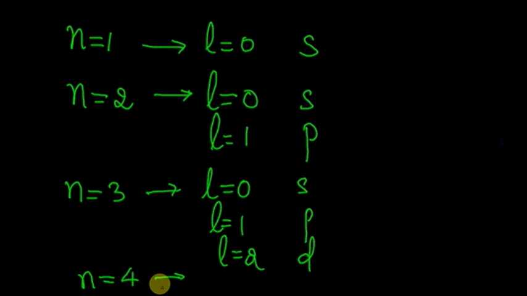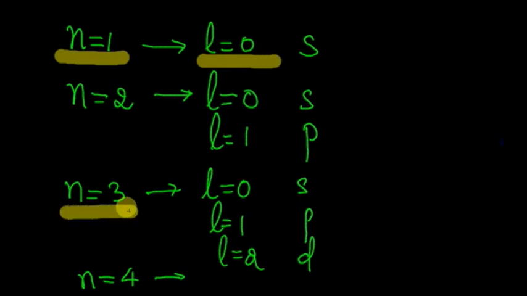If you see for n equal to 1, L has 1 value. For n equal to 3, L has 3 values. Suppose n is 20, then L would have 20 values from 0 to 19.